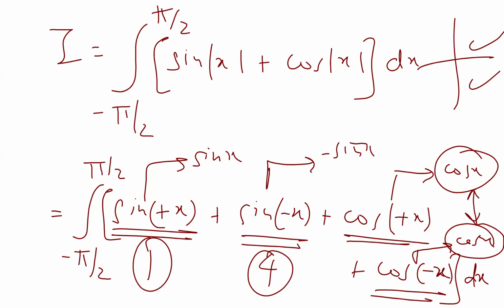I'll take 2 cos from minus pi by 2 to pi by 2. So sin x gives minus cos x, 0 to pi by 2, minus, first into minus is minus cos x, minus pi by 2 to 0, 2 outside, cos x.